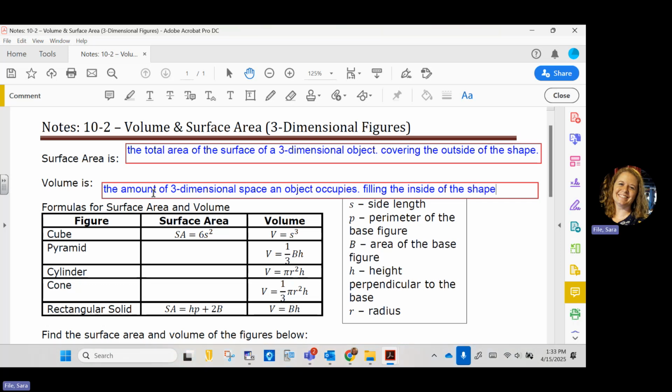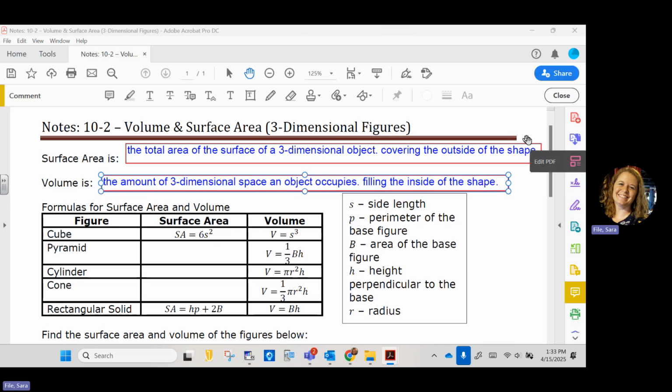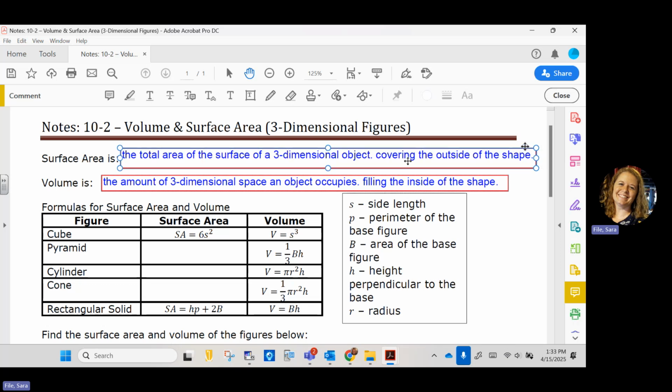So think about filling a glass with a drink, or a pitcher, or filling a pot with water, or a can being full of soup, or a box of rice. The inside being filled up, that's volume. Volume is inside, the surface area is the outside. Do we feel okay about the two definitions?